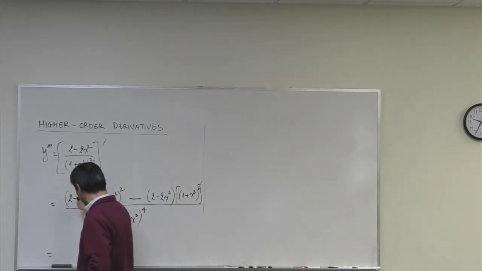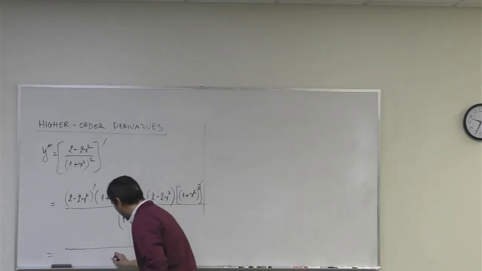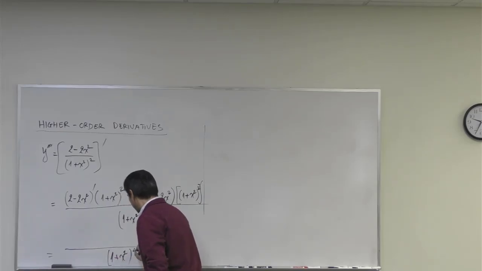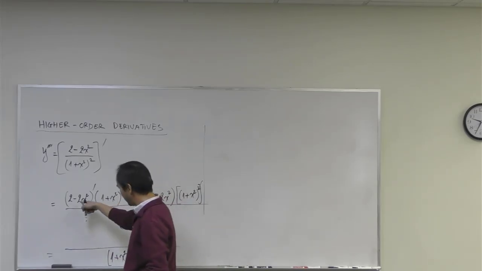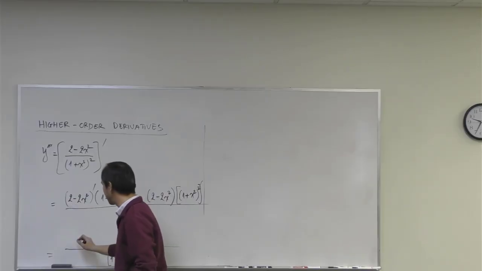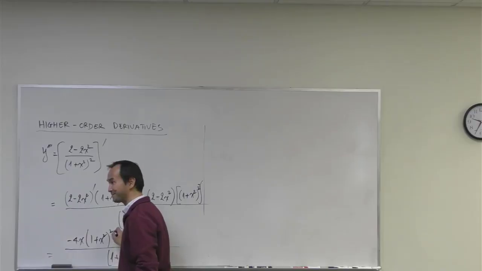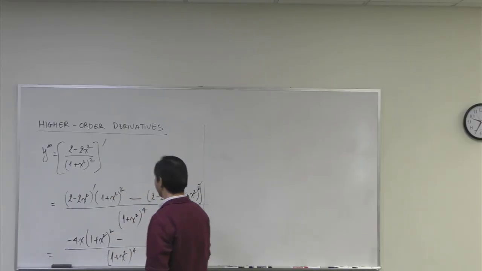So that's just an indication of the plan, a planning step right here. Now this plan gives us a clear instruction of what to do for the next step. So that denominator, let's just keep it here, 1 plus x squared to the fourth power. Now that derivative gives me what? The constant term goes to 0, and that term right here makes a minus 4x. Is everybody with me still? We multiply with the 1 plus x squared all squared, and then we're subtracting.